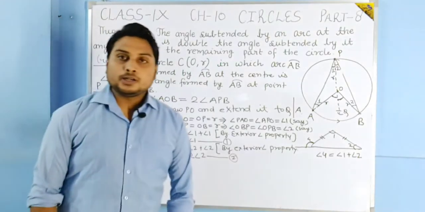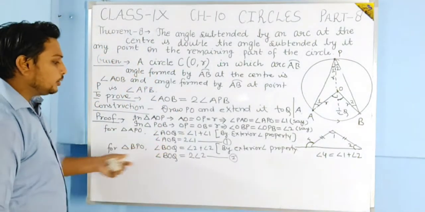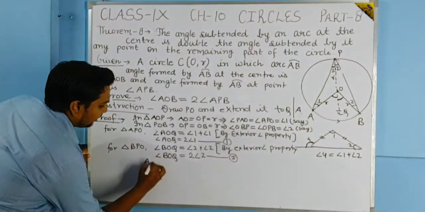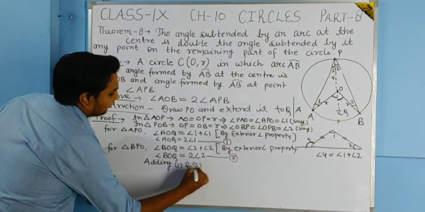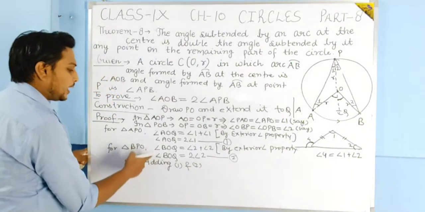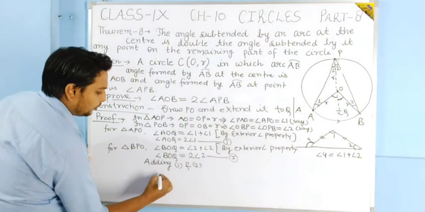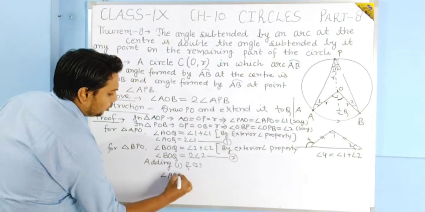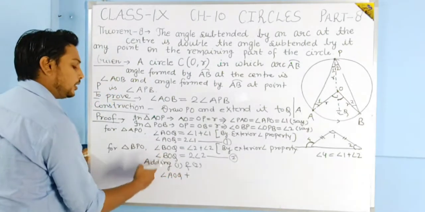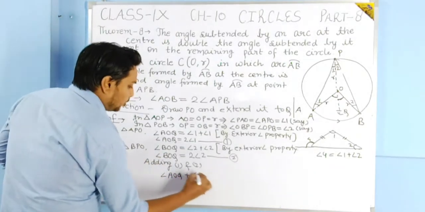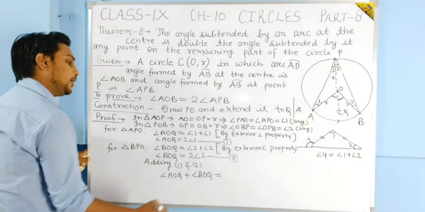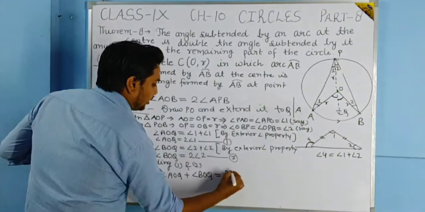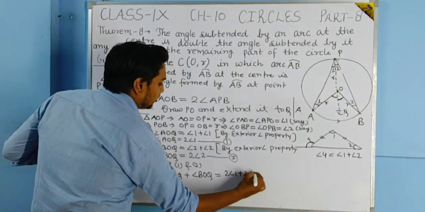Now students, what we'll do, we'll add these two equations. Adding first and second, what will we get? Left hand side will be added to the left hand side, angle AOQ plus angle BOQ, and right hand side will be added to right hand side, means 2 into angle 1 plus 2 into angle 2.